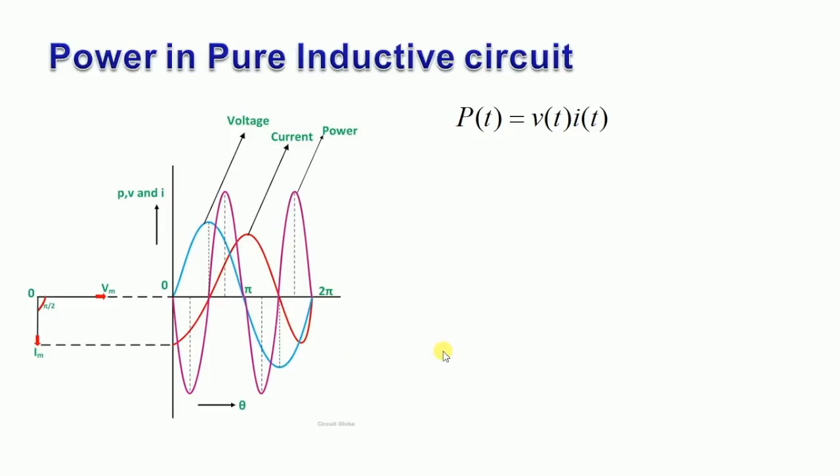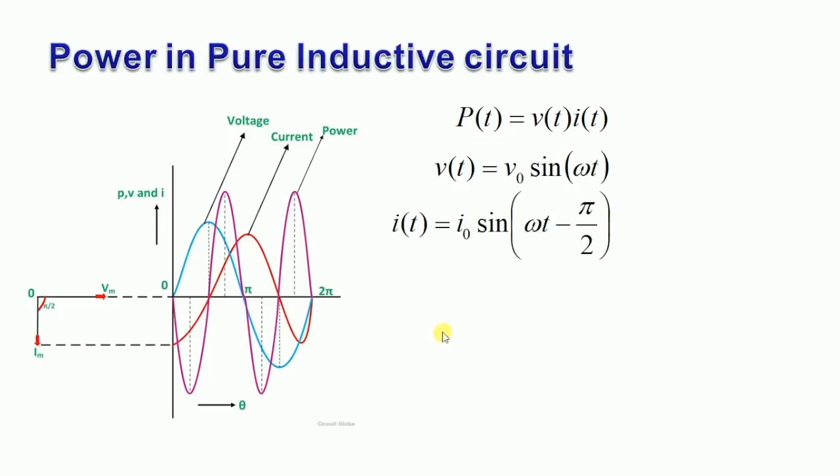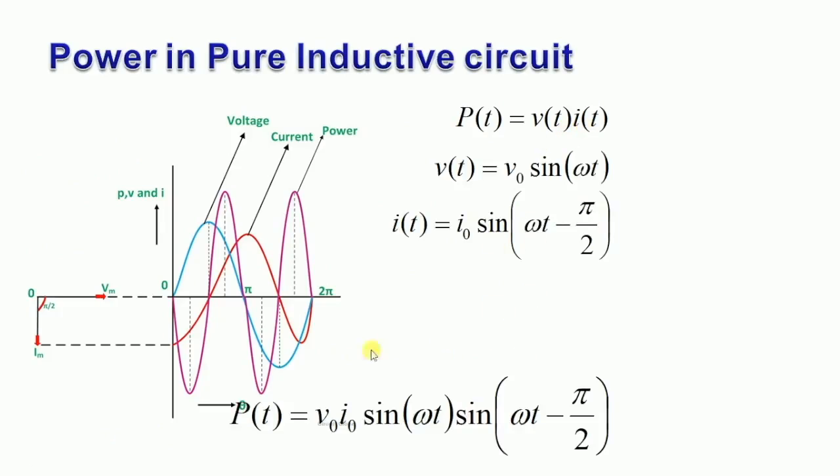Now power in the circuit, voltage into current, instantaneous voltage into instantaneous current will give rise to the formula of power. And here we have P of t equal to V0 I0 sin omega t into sin of omega t minus pi by 2. So obviously it is multiplication of these two sinusoidal signals with a phase difference of pi by 2, and here in the first half cycle the power in the circuit is on negative side.